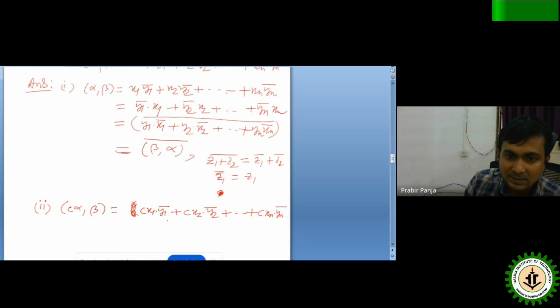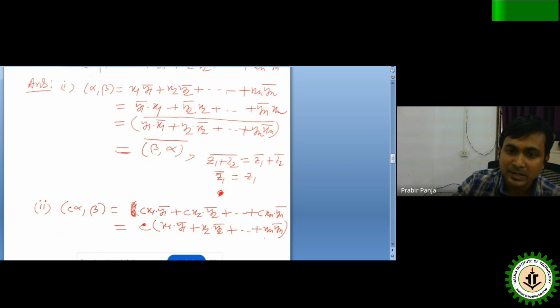If we simplify this result, taking c common, we get c times x1 into y1 bar plus x2 into y2 bar plus ... plus xn into yn bar.